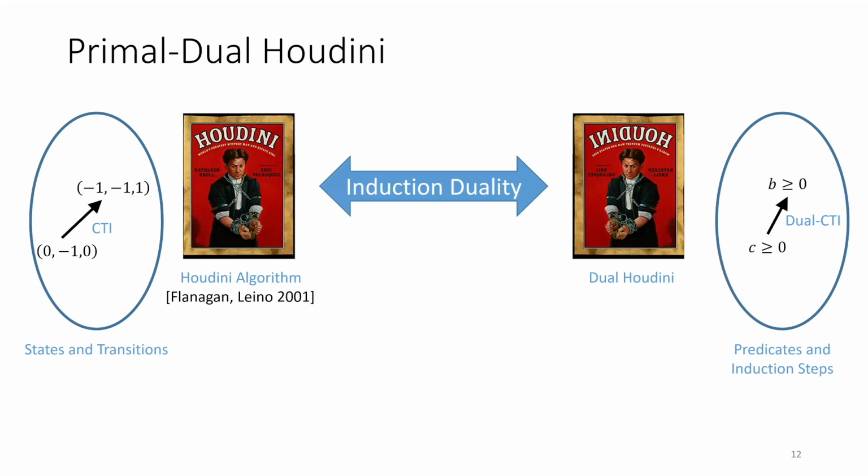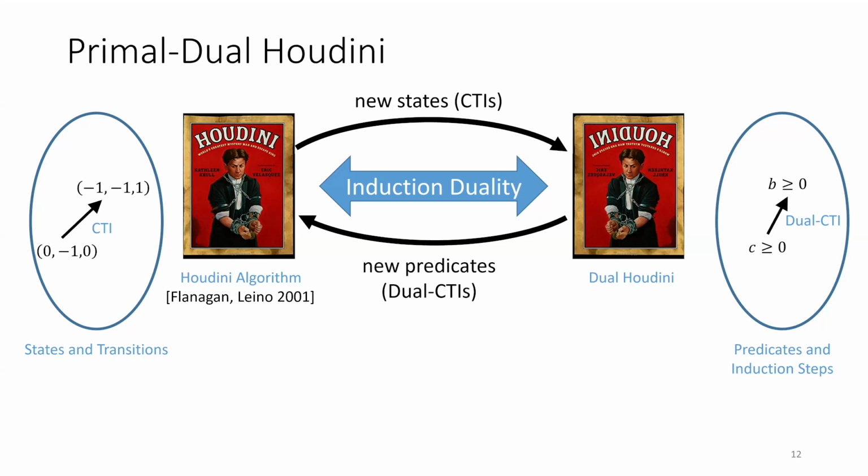Our idea was to connect the states that you get from counterexamples here as the input to dual Houdini. Houdini takes as input a set of predicates, dual Houdini takes as input a set of states, and it generates as a byproduct some predicates, and you can feed those into Houdini, and you get a Primal-Dual algorithm that can find inductive invariants or counterexamples.